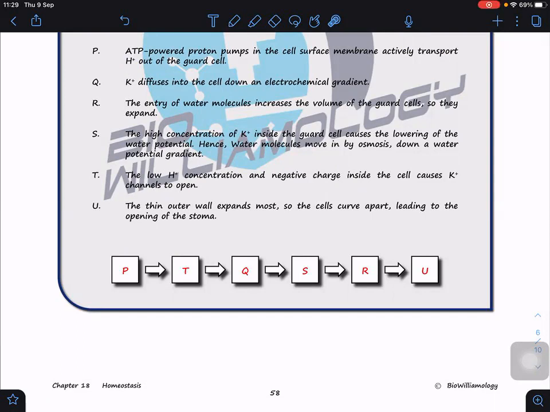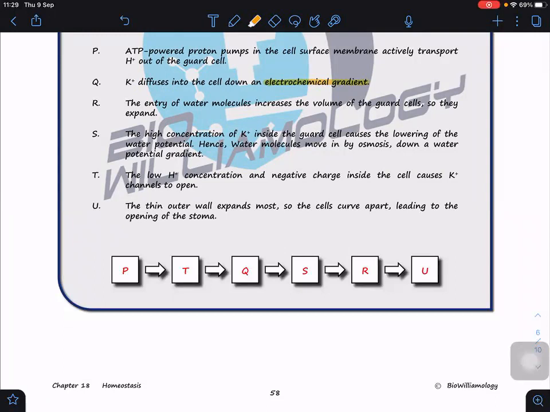So this hyperpolarization causes the K plus ion channel to open. When this K plus ion channel opens, you can see that K plus now diffuses into the cells down the electrochemical gradient. So the highlight here is not the concentration gradient, but the electrochemical gradient. Why? Because outside has too many positive ions, inside too few positive ions.